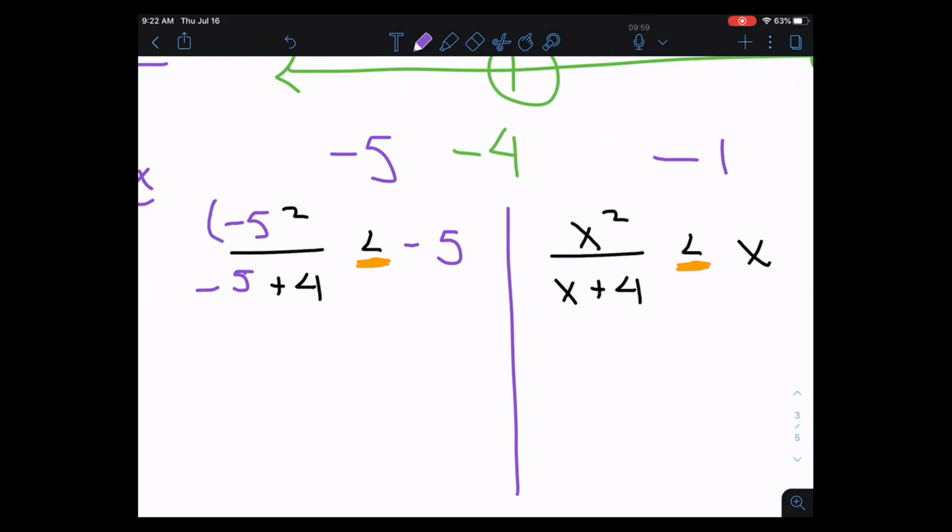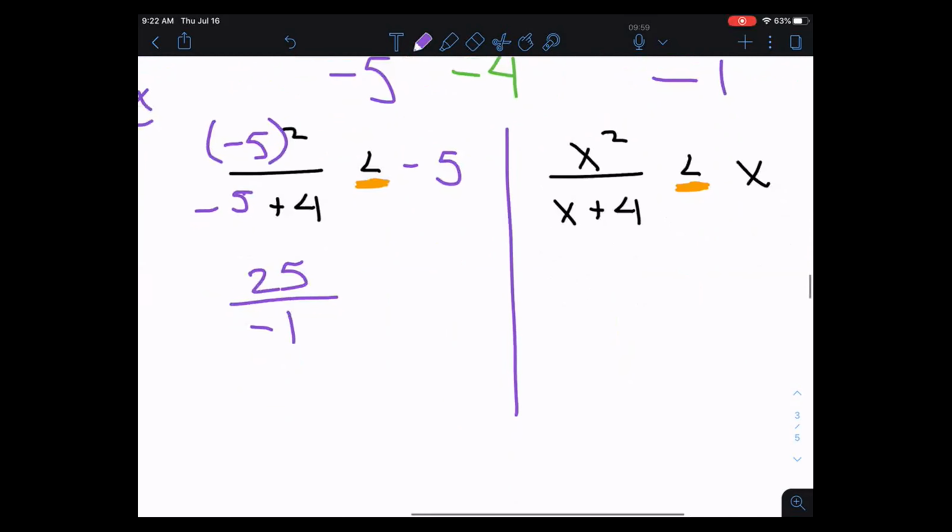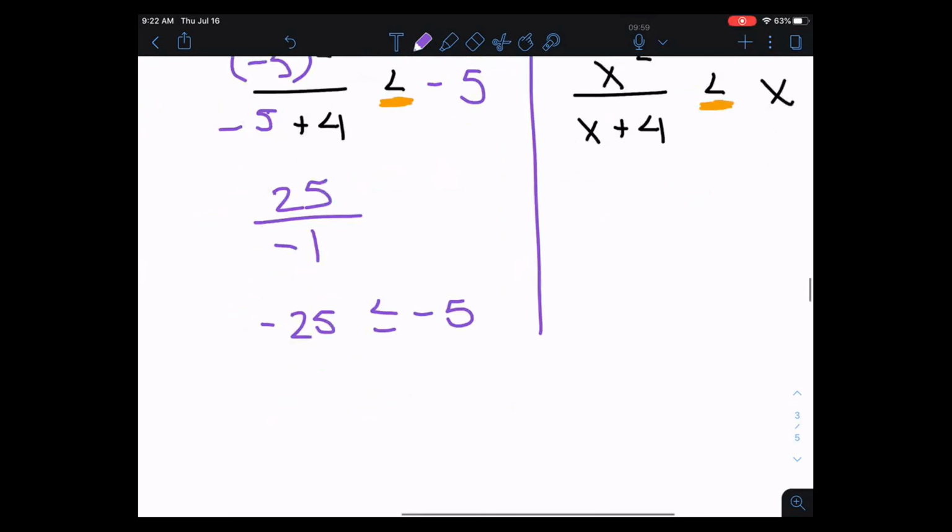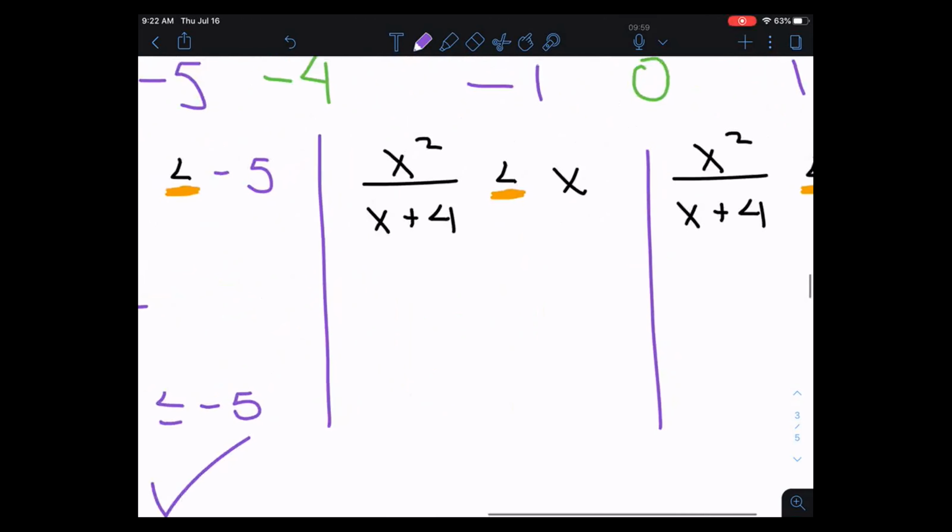Remember that we're actually plugging this in. So we have negative 5 squared, that is 25, over negative 5 plus 4, that's negative 1. And is it true that negative 25 is less than or equal to negative 5? True. Yes. Okay, awesome.